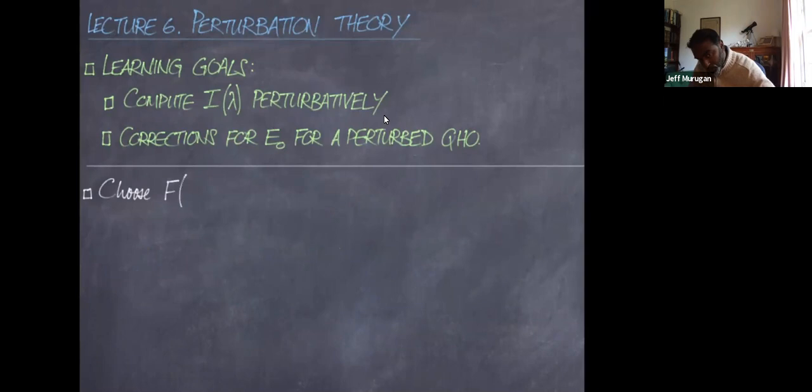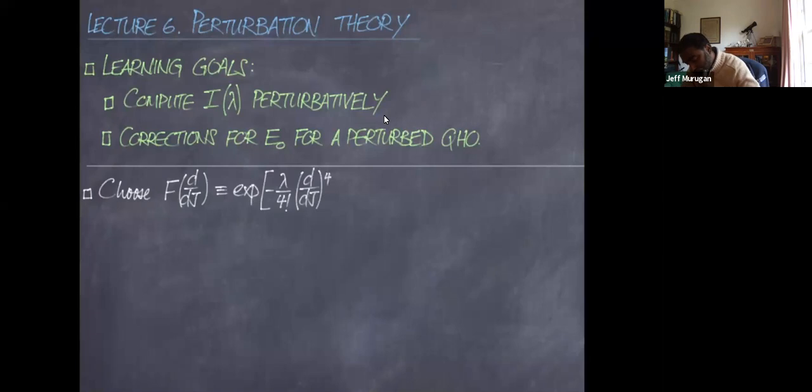Let's choose f of d by dj, the derivative operator, to be the following exponential operator: the exponential of minus lambda over 4 factorial, d by dj to the 4.